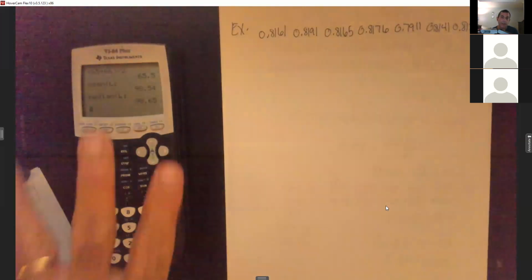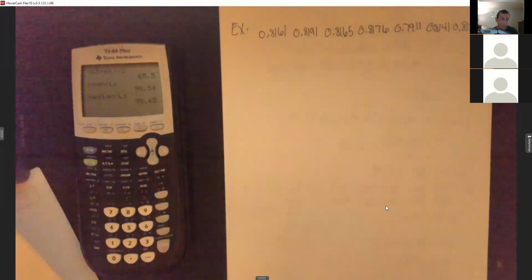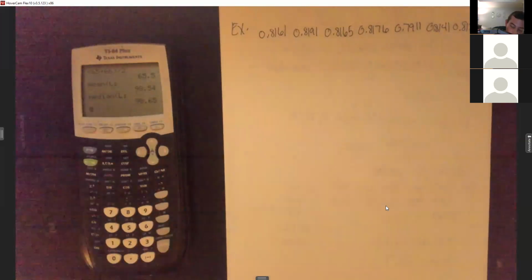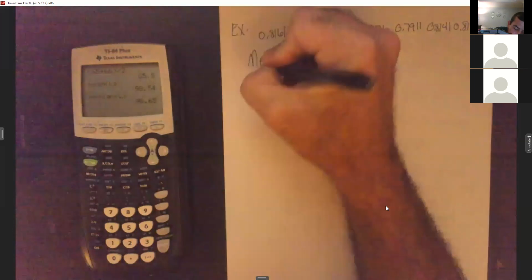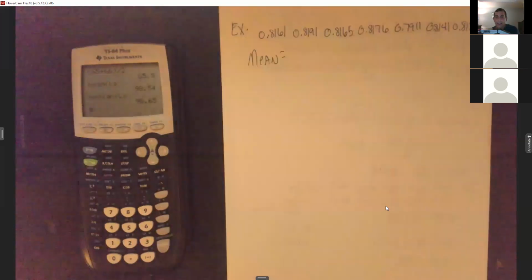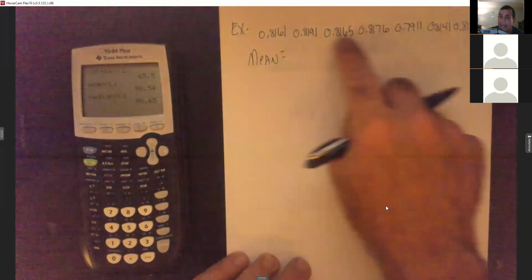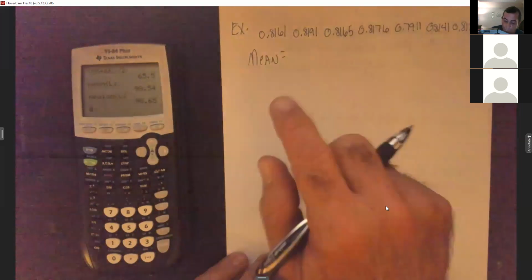Now this one I'll do both ways so that y'all can get used to the calculator and doing this by hand. So first I'm going to do it by hand and find my mean. The mean is going to be all these added together divided by 7 since I had 7 points.